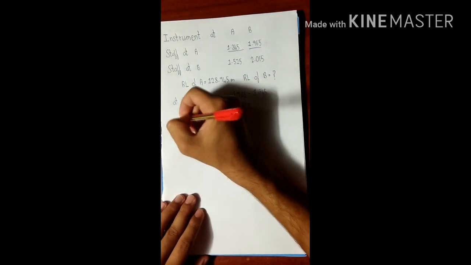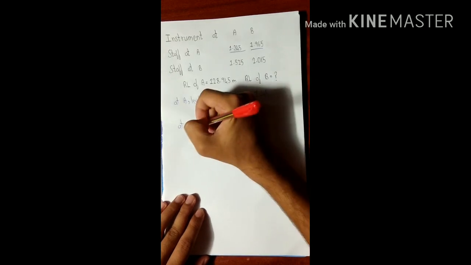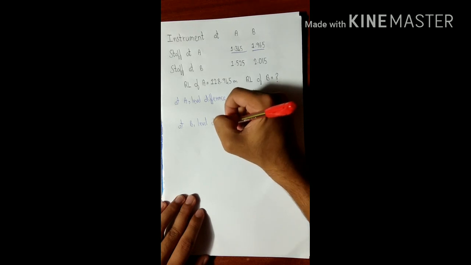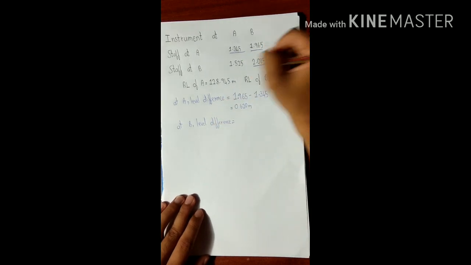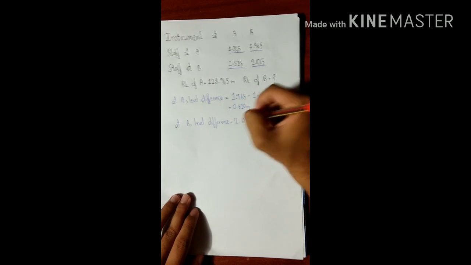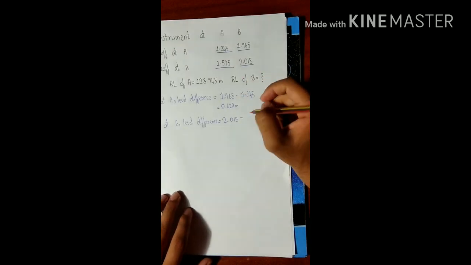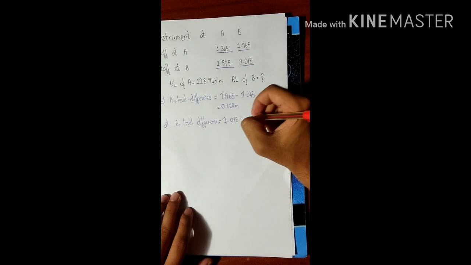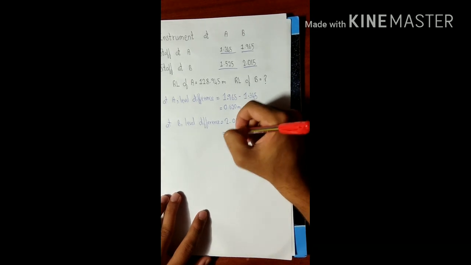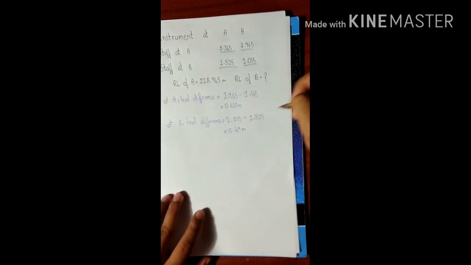Now at B, the level difference is equal to 2.015 minus 1.525, which are the staff readings of A and B as viewed from B, which will give you the answer as 0.49 meters.